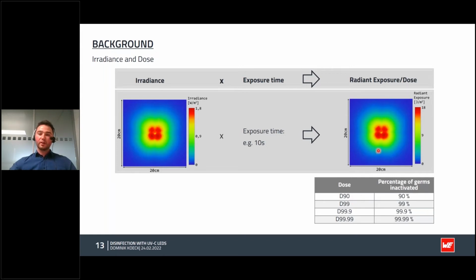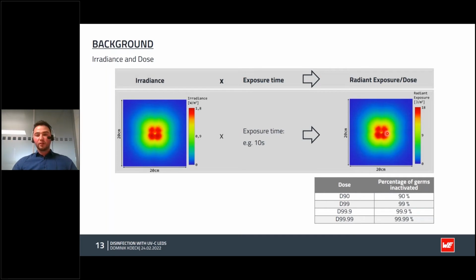If you have this germ on the surface, and you irradiate the surface with this irradiance and expose for 10 seconds, then what you will end up with is a radiant exposure of 18 everywhere where it's red here. Basically this means that everywhere in the red area, you have about 90% of the germs inactivated that had this D90 dose of 18 joules per square meter.